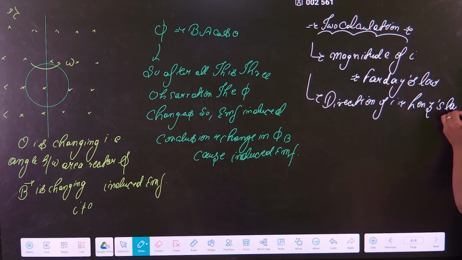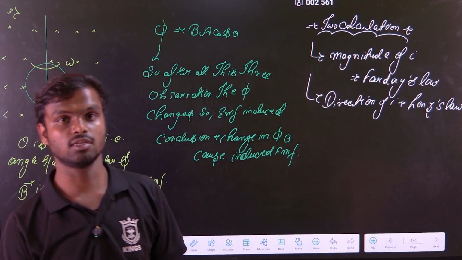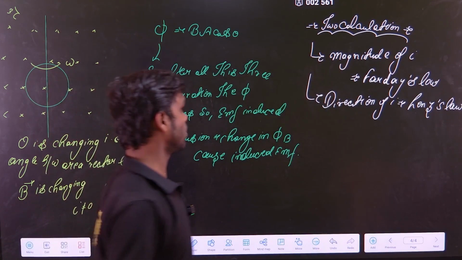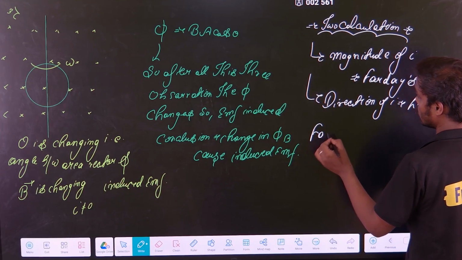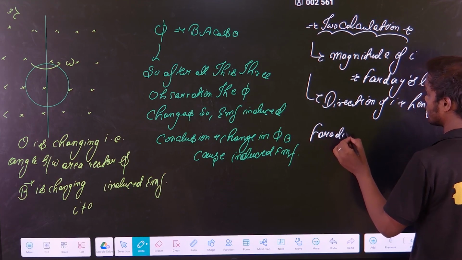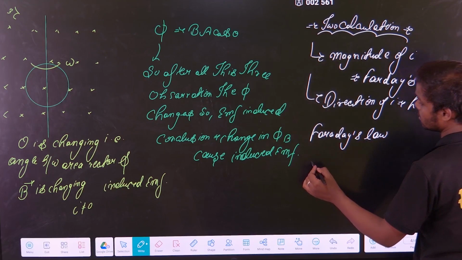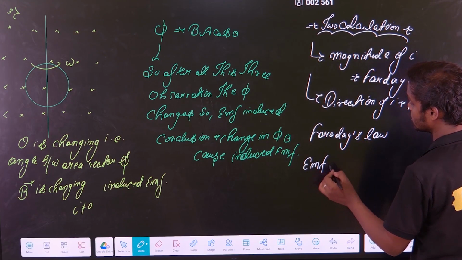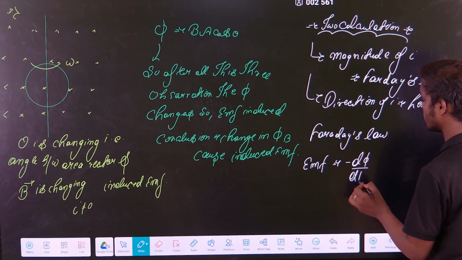I have told you there is no proof of a law. We basically have to know the law. So from here we get the definition of Faraday's law. What is Faraday's law? Faraday's law simply states that the EMF induced is equal to minus d phi by dt.